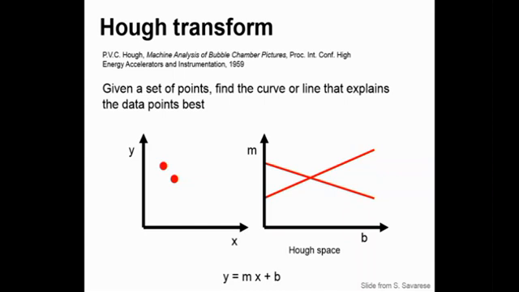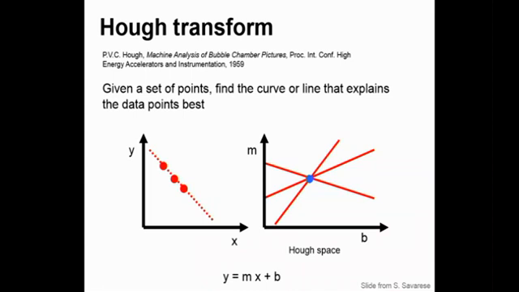But note that the set of possible parameters that pass through this point and the set that pass through this point intersect at just one point, which corresponds to the line that passes through both of them. And as I get more points, I can keep accumulating the sets of parameters that agree with each point, and then find the parameters that the most points agree with.